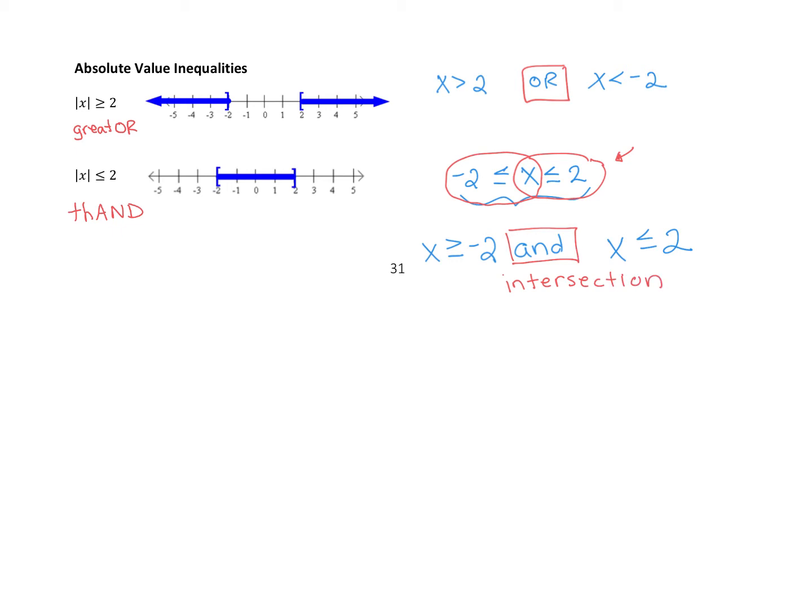So for example, if I had written this as two separate inequalities, greater than or equal to -2 would have been this, and then less than or equal to 2 would have been this, and this blue part in here would have been the intersection of the two sets. When we have an or statement, we just want anything at all that would be shaded. So greater than 2 or less than -2, we want those two pieces. So anything at all that's shaded.